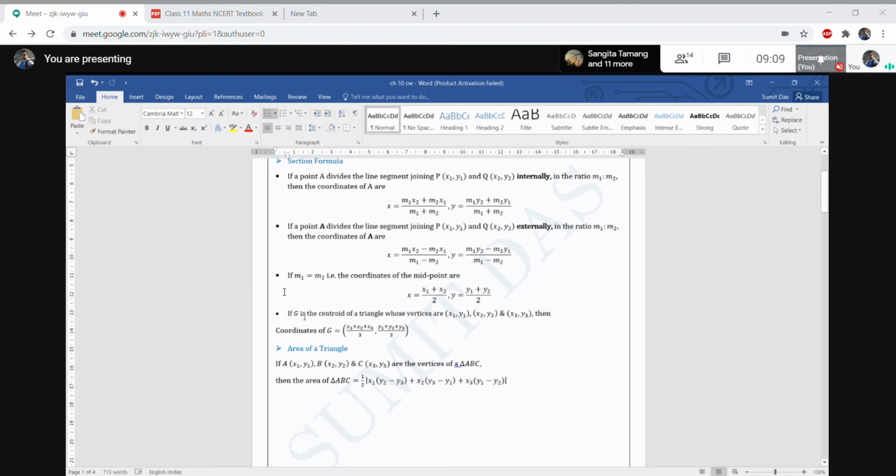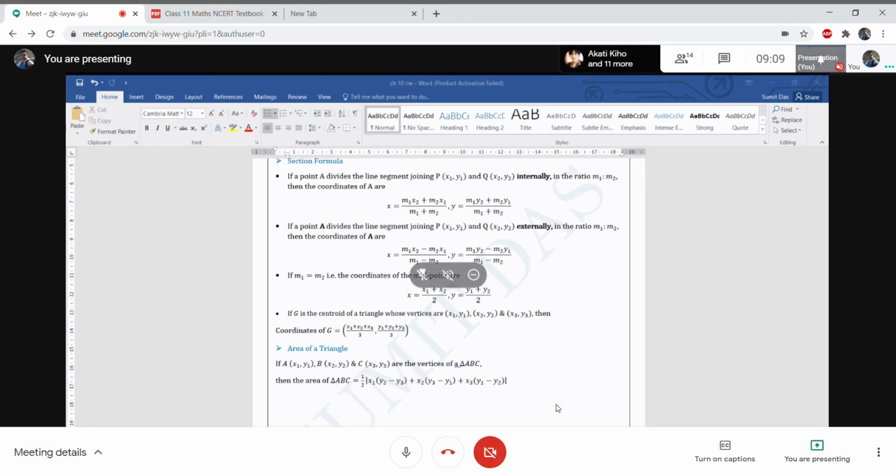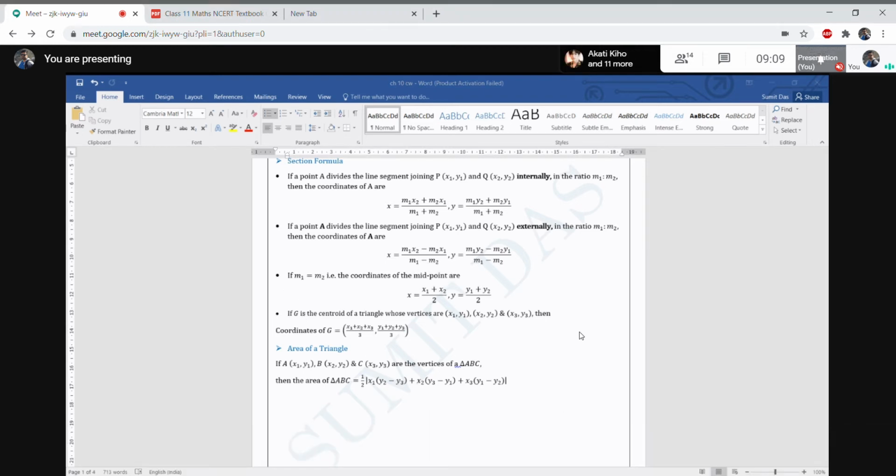Then we have this, which is also new, the centroid. What is a centroid? Does anyone know what is the meaning of centroid? What do you mean by centroid?